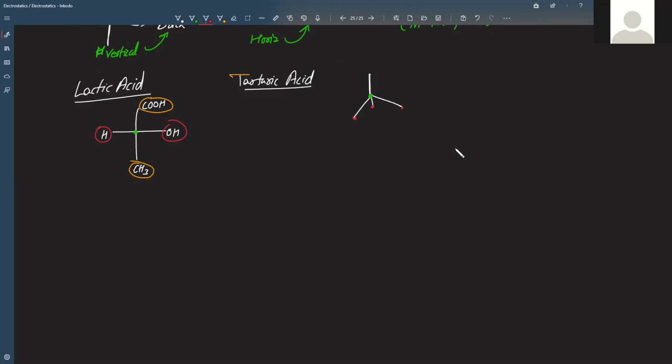So 3 points will always be coplanar. 3 points may or may not be collinear, but with 3 points you can always draw a plane. So these three can be coplanar, even these three can be coplanar. So it's not about whether they are in the same plane or not.